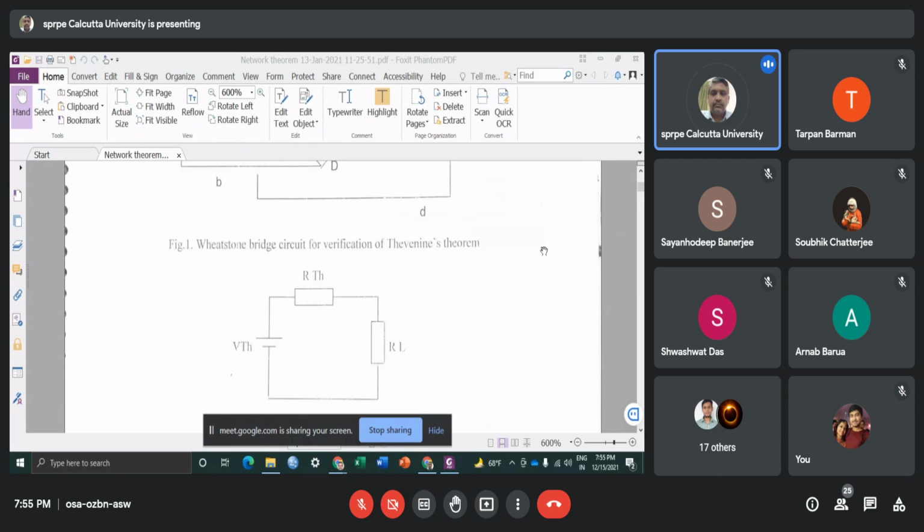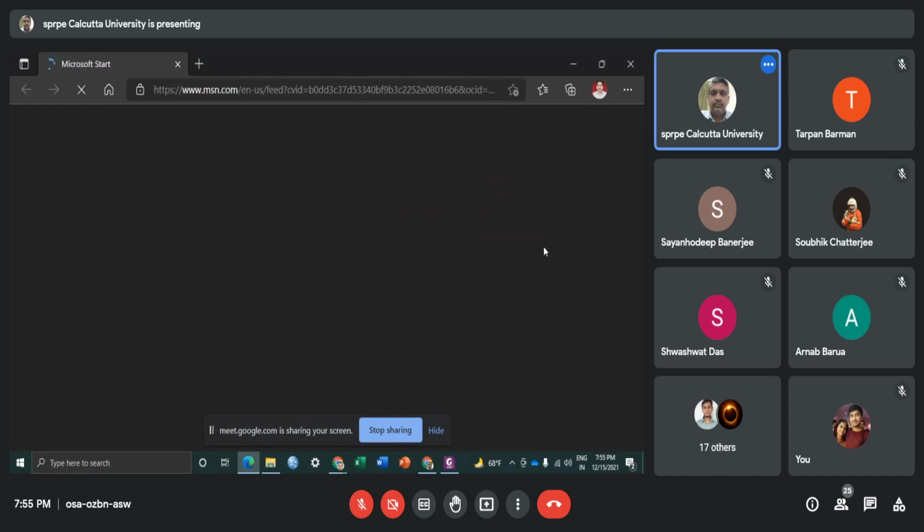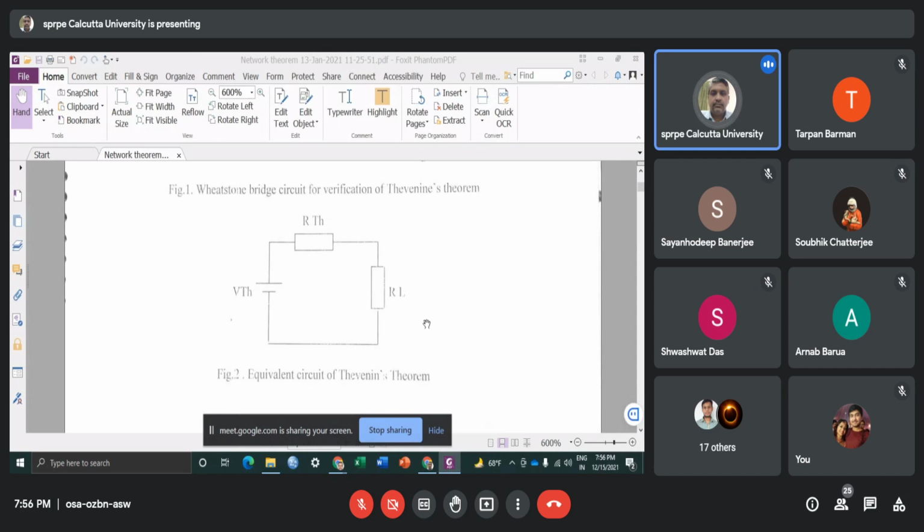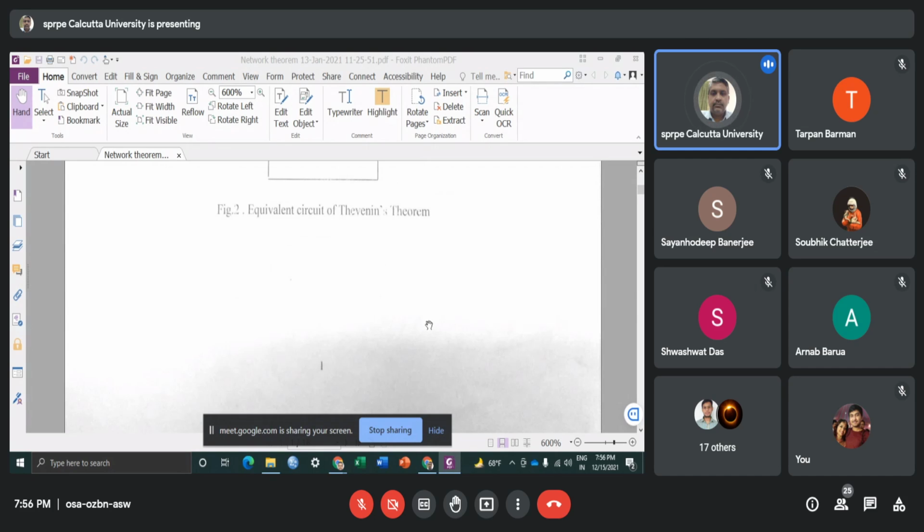Okay, so that is your equivalent resistance, and RL is the load resistance. So this is the concept of Thevenin theorem, Thevenin equivalent source and Thevenin equivalent resistance.